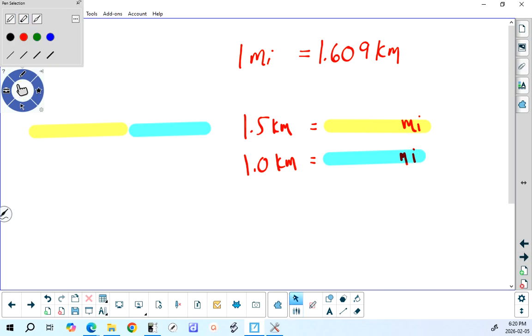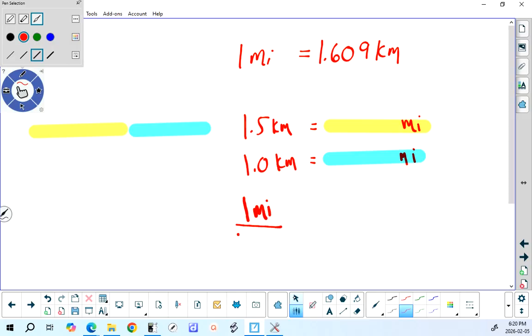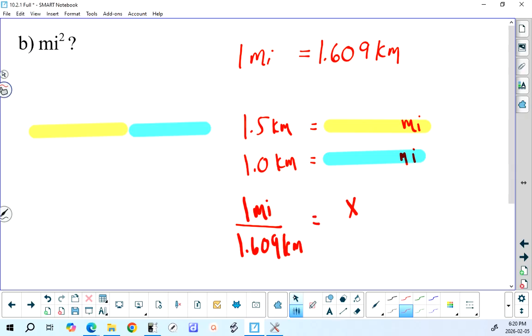Ratio time again, 1 mile over 1.609 kilometers equals X miles over 1.5 kilometers. We can do a cross multiplication there.